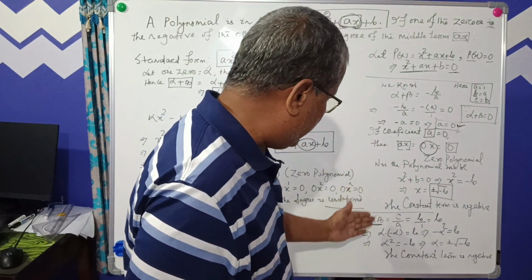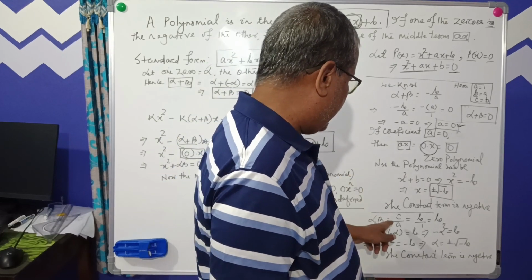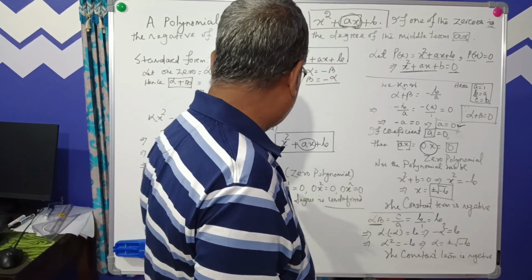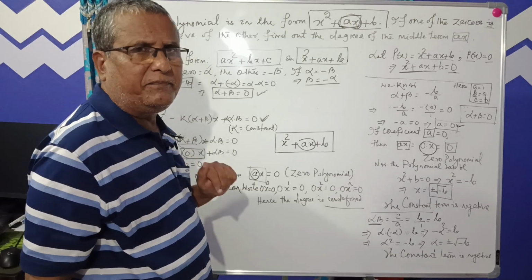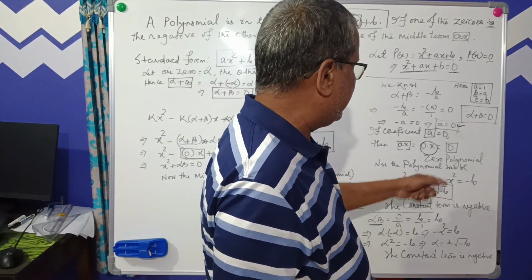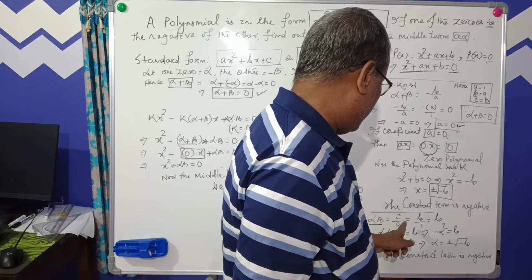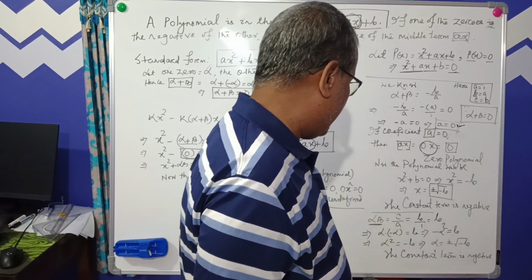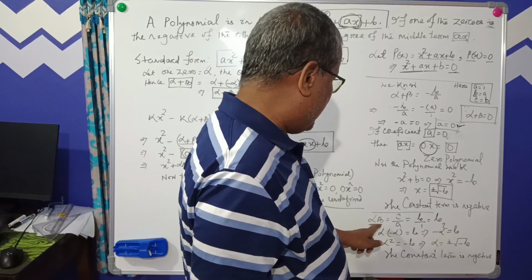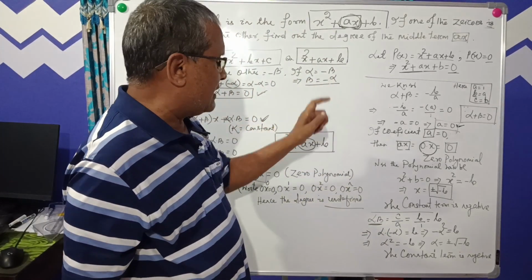We can also prove it this way. Alpha into beta is equal to c by a, which has been derived from the standard form. What is c? C is the constant b, and a is 1. So alpha into beta is equal to b. Now let us put the value of beta, which is minus alpha.